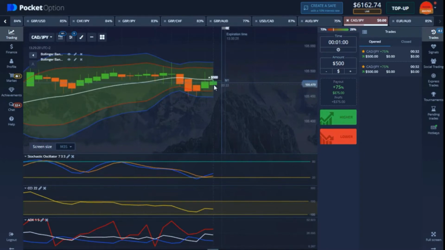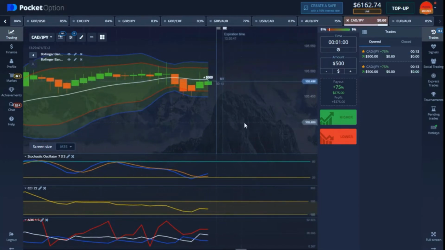Another thing I observe is that we have a very good moment with our stochastic oscillator. When I placed the trade, all the ADX lines were trapped in this position, which is a very good one. The same thing with our CCI, following the trend on a very good position. So that's the reason why I placed this trade.